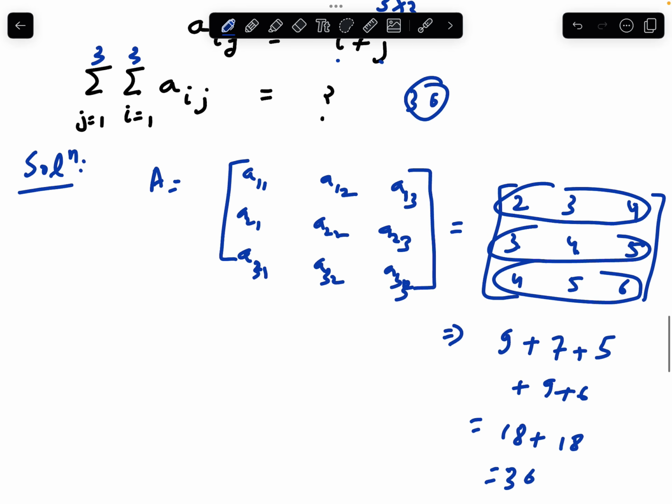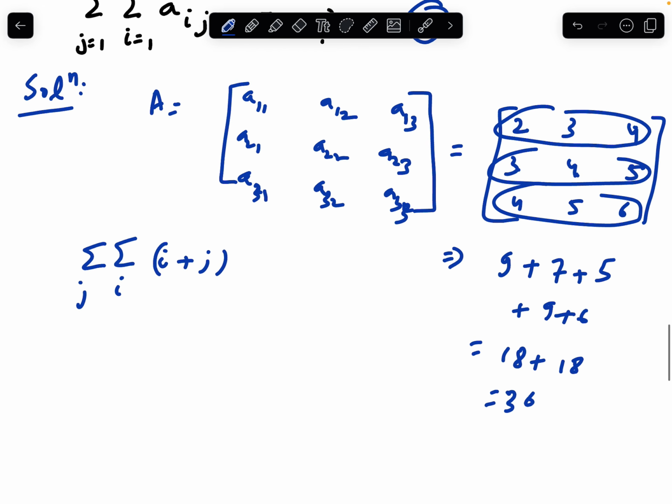Another way is to do it just algebraically: i plus j. So first, let's take i. We have i from 1 to 3, plus j.